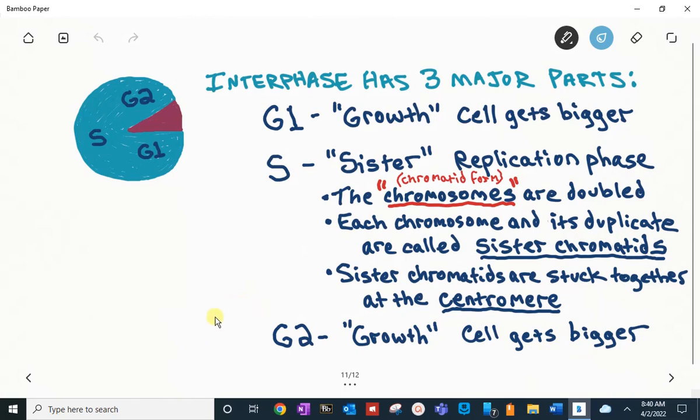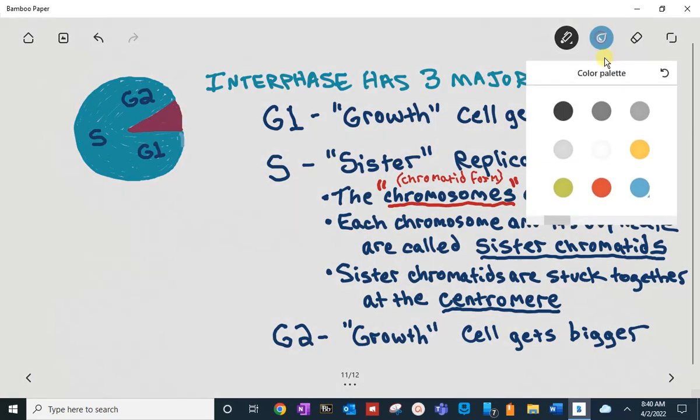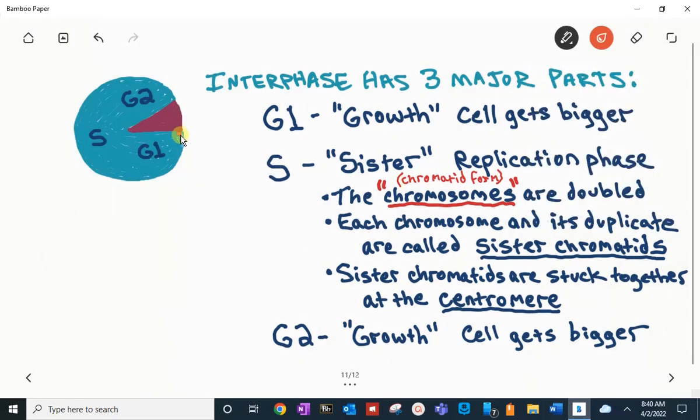Now, interphase, and remember, interphase is not mitosis. Interphase is when the cell is not dividing, it's just growing up. So this whole section of time here is the time that the cell spends in interphase. And interphase has three major parts to it.